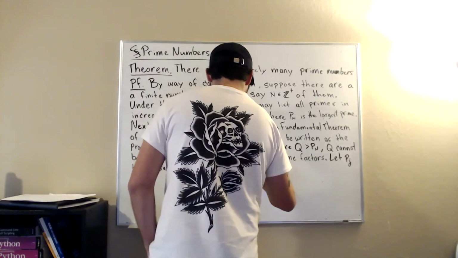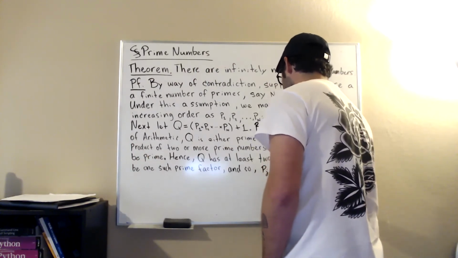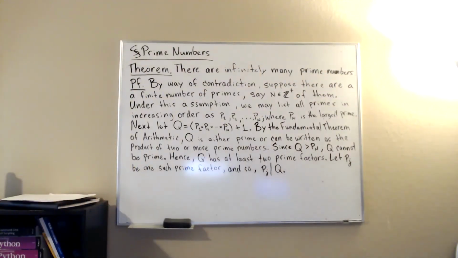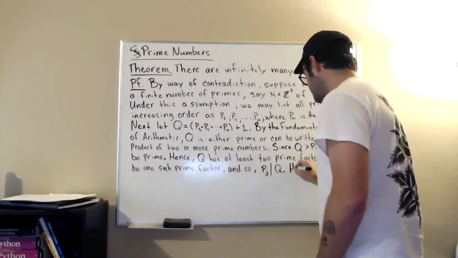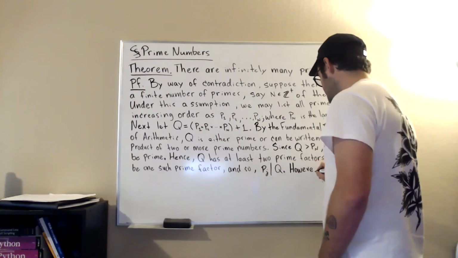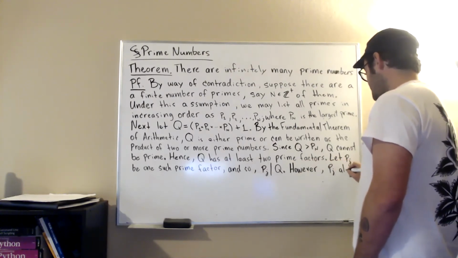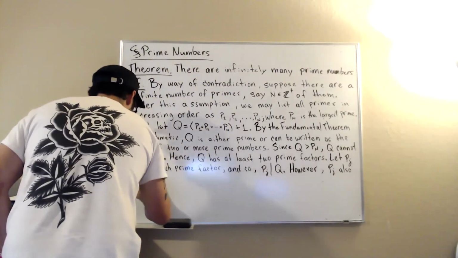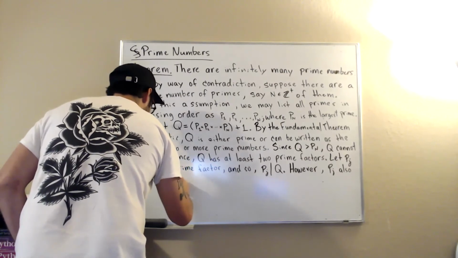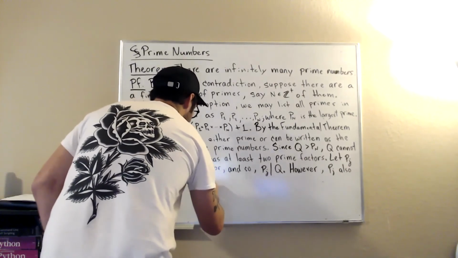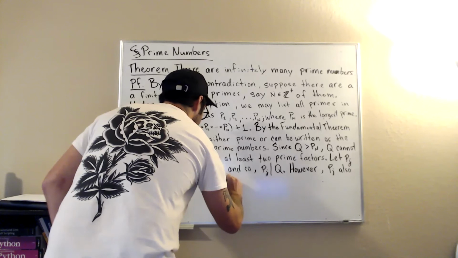And so, since Pj is a prime factor of Q, we know that Pj divides Q. However, Pj also is a factor of this product of P1 times P2 times dot dot dot times Pn.